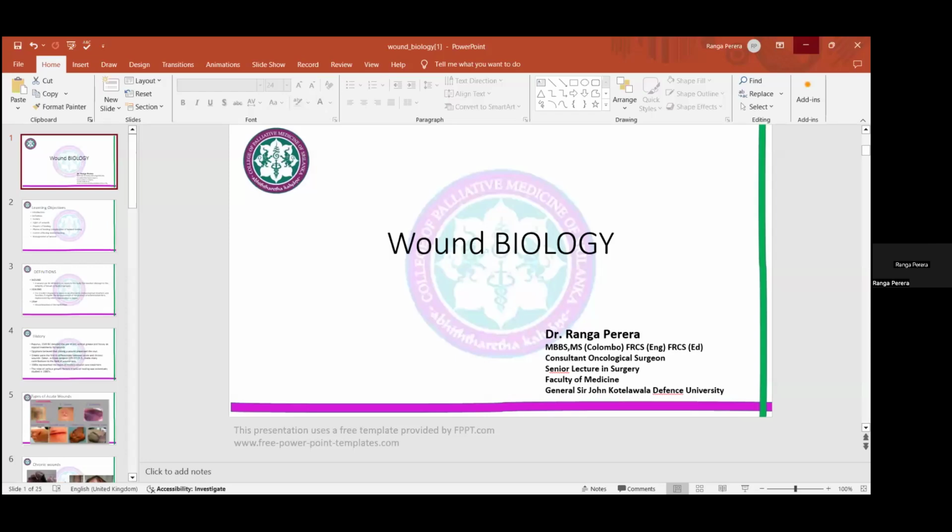We need to find out whether the keloid has formed in a keloid-forming area like the midline of the chest, or whether the patient is usually a keloid-forming person. First, if it is a really large keloid, you have to remove the keloid and close the skin without any tension. If you need to release more tissue from the surrounding area, you release it and suture the wound without any tension.